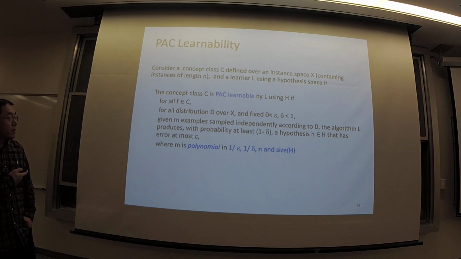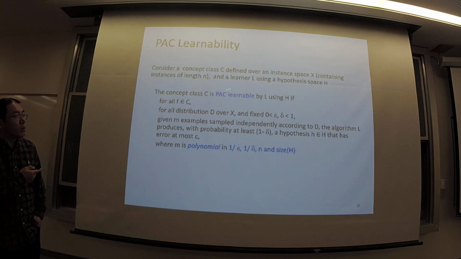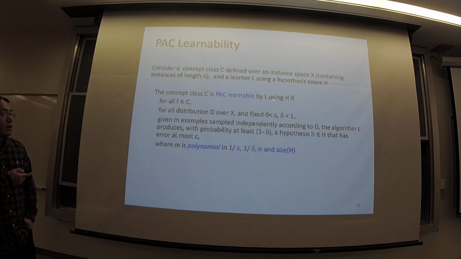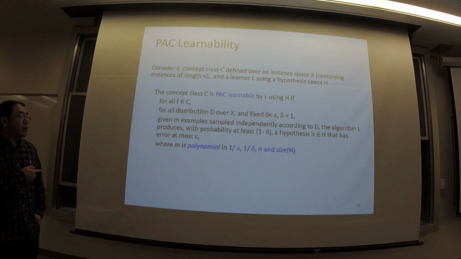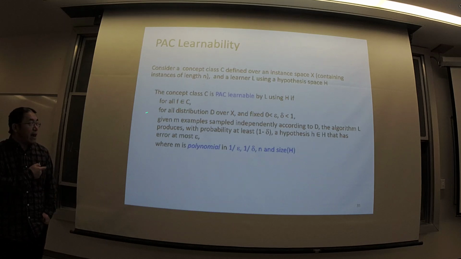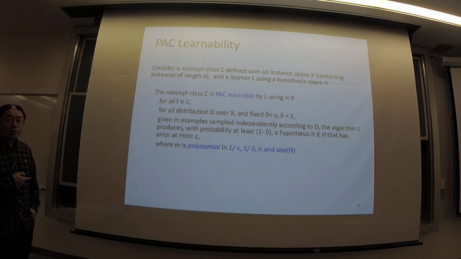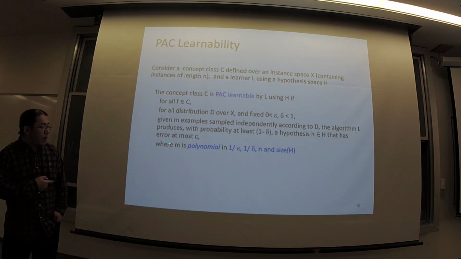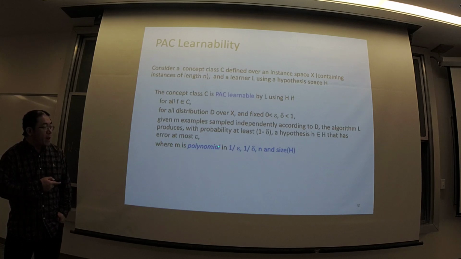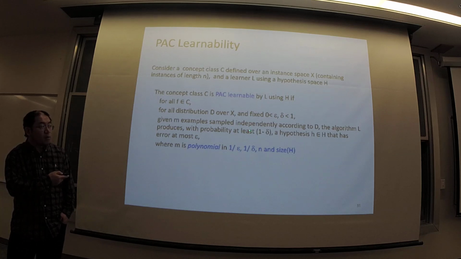Let me rephrase again. We say the concept class C is PAC learnable by the learning algorithm L using the hypothesis space H if for every possible target function in C, every possible distribution over the instance space, and every possible epsilon and delta, our learning algorithm, using only a polynomial number of examples in these four quantities, has a high probability, at least 1 minus delta, of producing a hypothesis that has error at most epsilon.